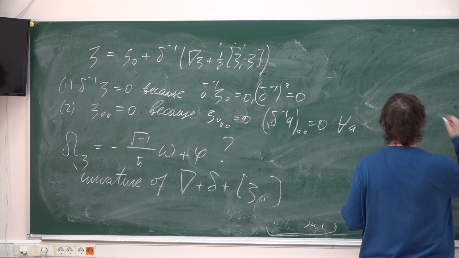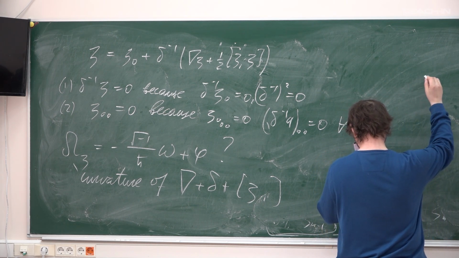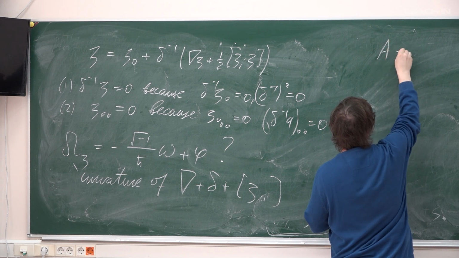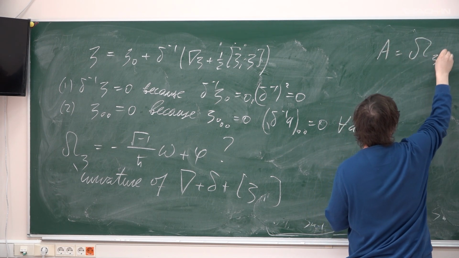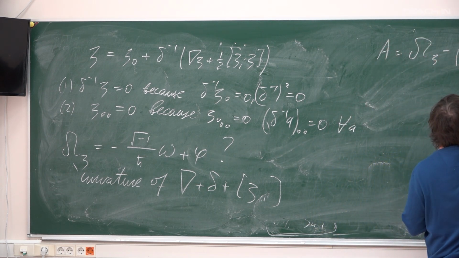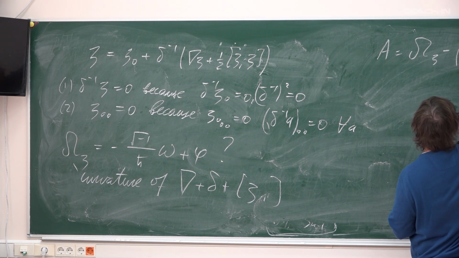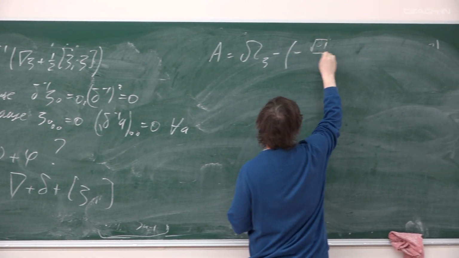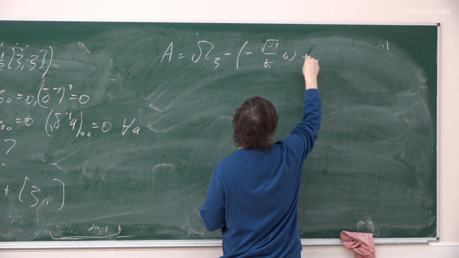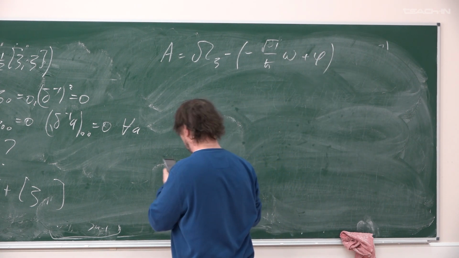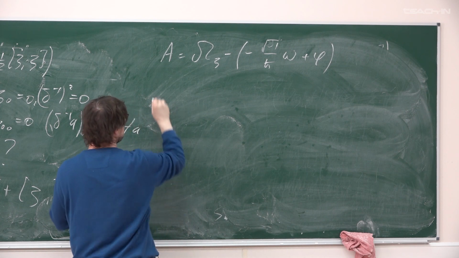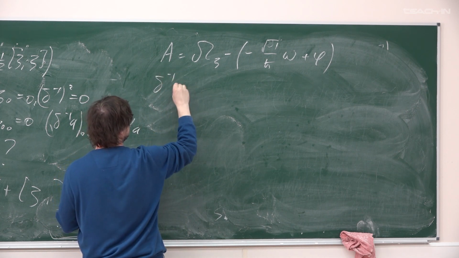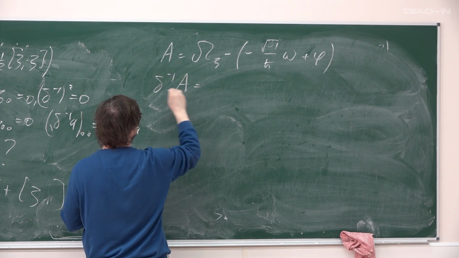But let us consider the difference A equal to omega zeta minus this prescribed term. First, I claim that delta minus first A is equal to 0.